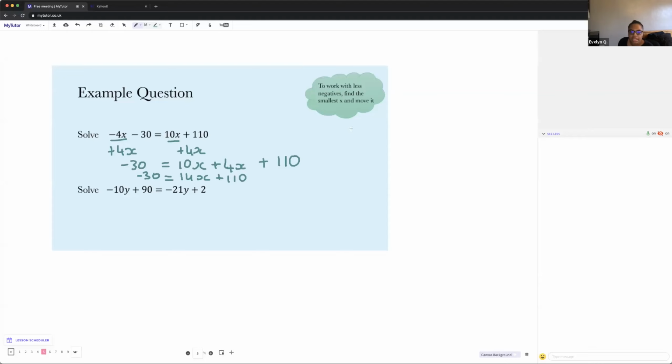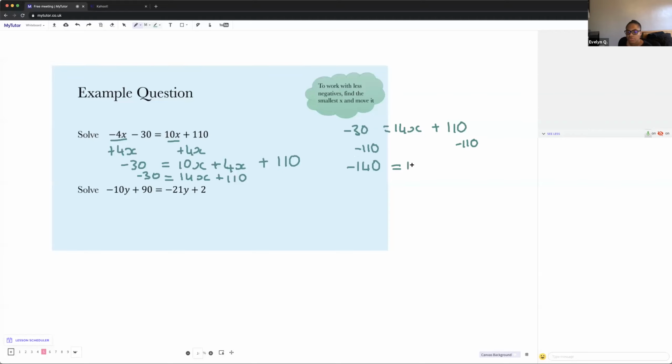And then if I write this up here, so I've got a little bit more space, just so everyone can see where I'm going with it. Right, so we're going to solve it just like the ones we were solving before. I want to get rid of that 110. So since I'm adding it, I'm going to subtract it, because I have to do the inverse operation. Now, minus 30 minus 110 is minus 140.